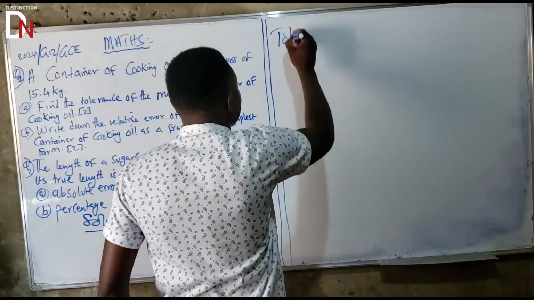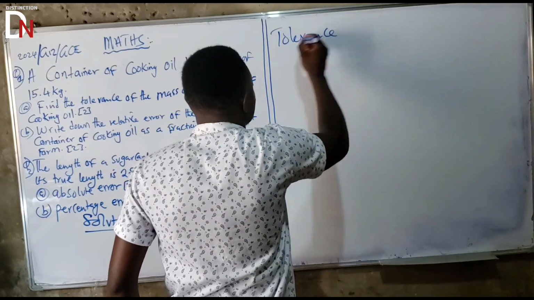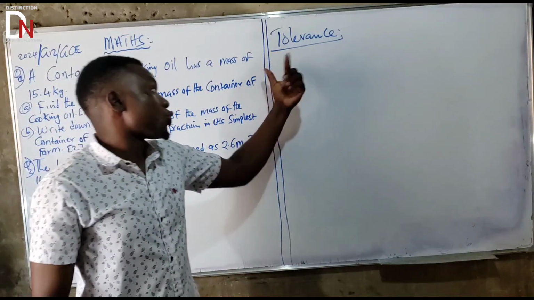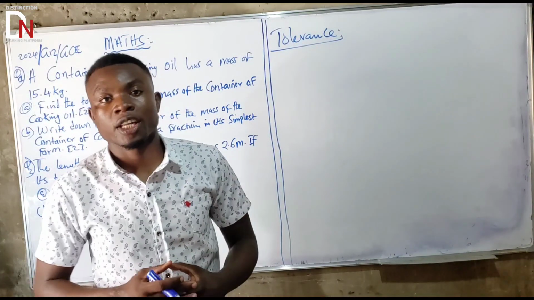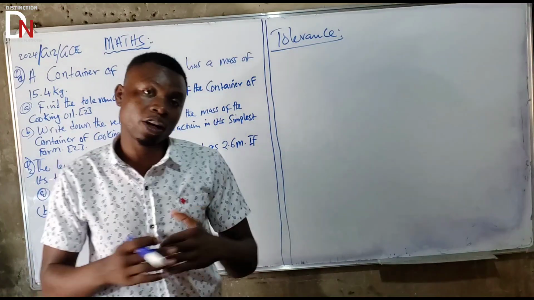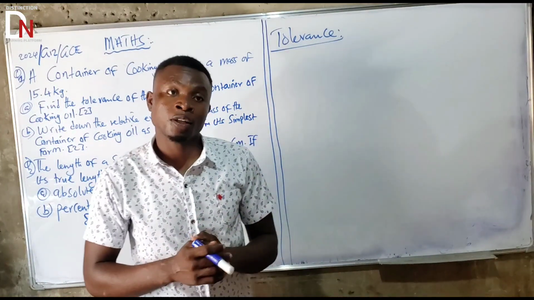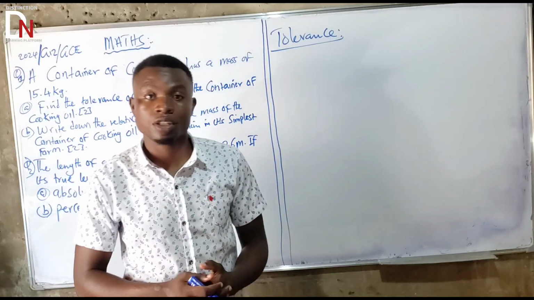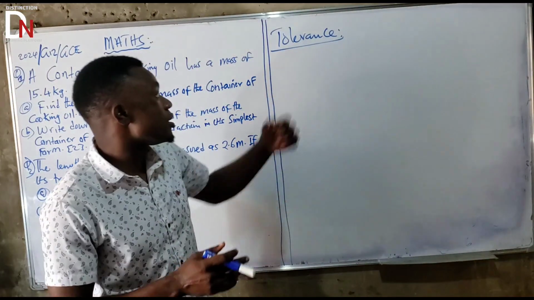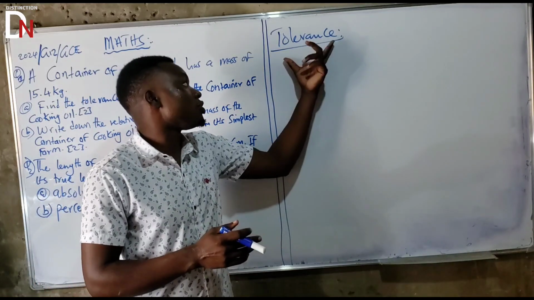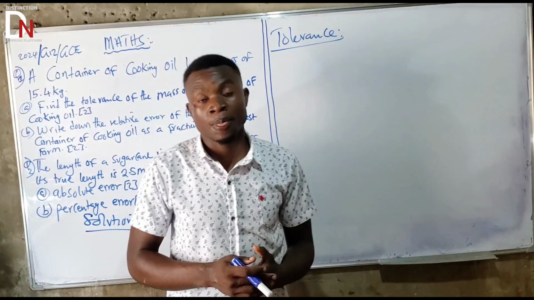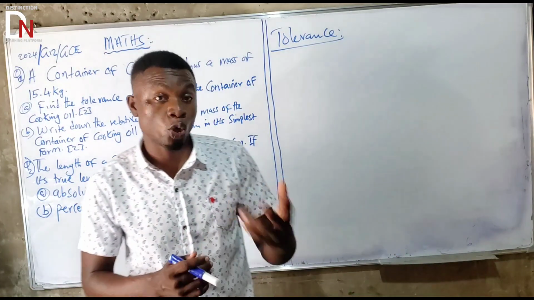Okay, tolerance. Before we can solve the tolerance, first we are supposed to understand what it means when we say tolerance. There are many ways one could define it, but in this case I would define tolerance as the difference between the upper limit and the lower limit.